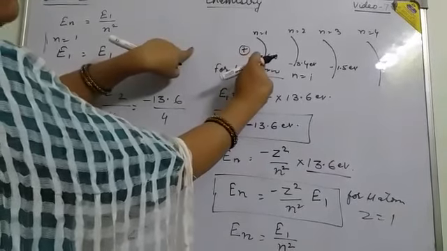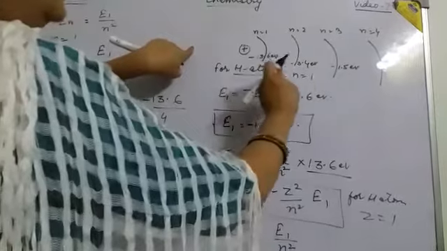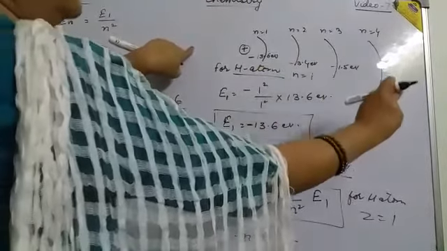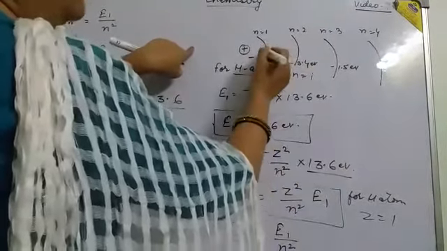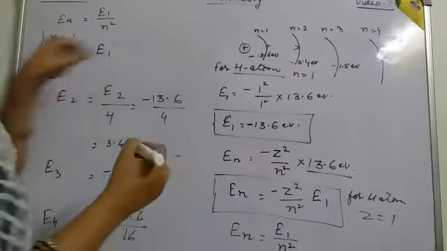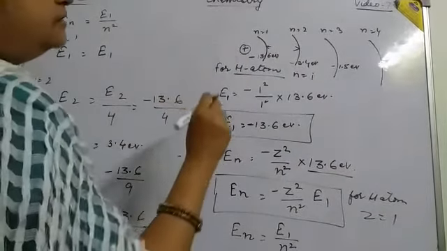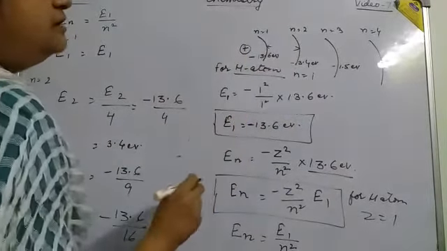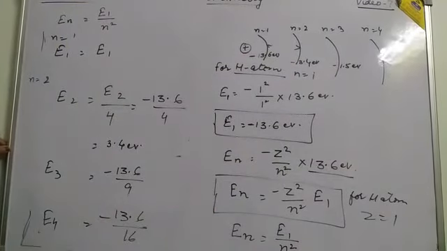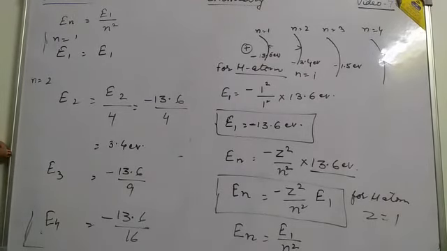As we go from the first shell to the second, third and fourth shell, the energy of the electron increases, and the difference between the energies of the first and second shell, or second and third shell, is not the same. The energies of different shells are different. This is for the hydrogen atom.